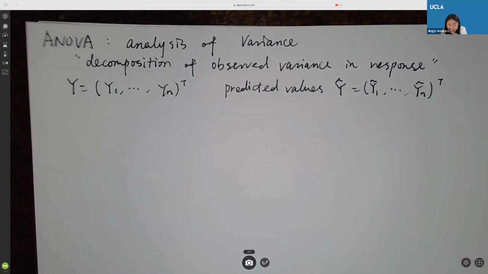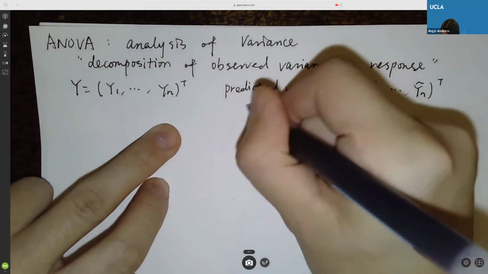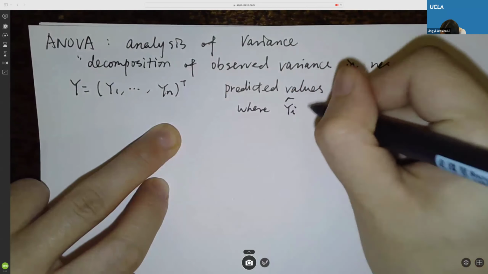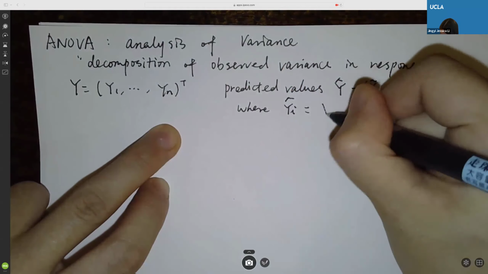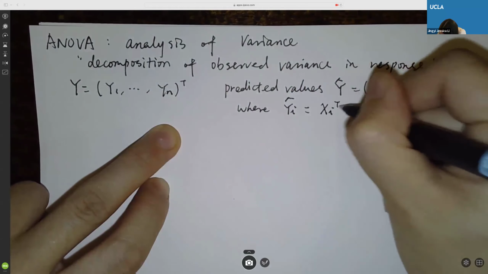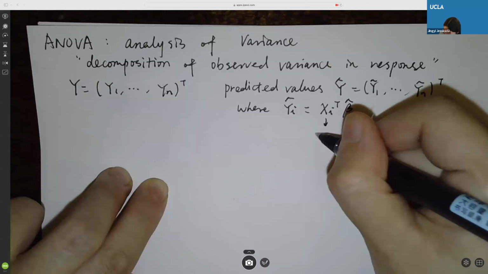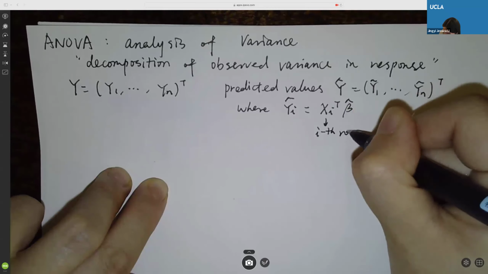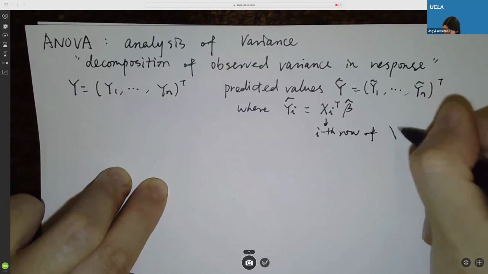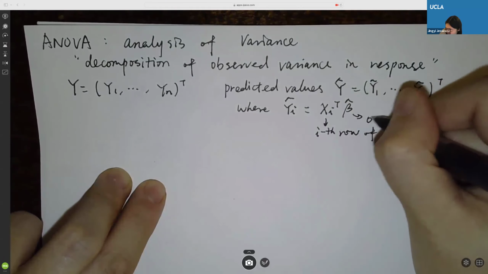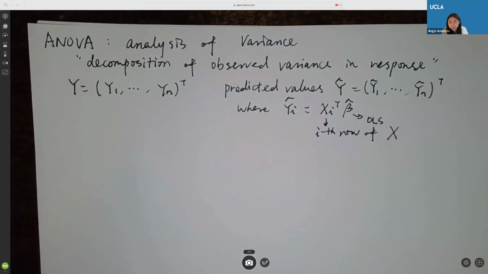All right. And then what is each yi hat? As a quick review, yi hat can be written as xi transpose beta hat, right? So this xi transpose is the ith row of our design matrix X, and beta hat is the OLS estimate of our beta.